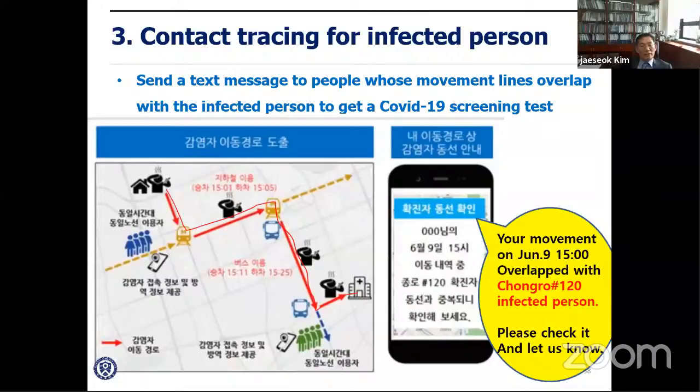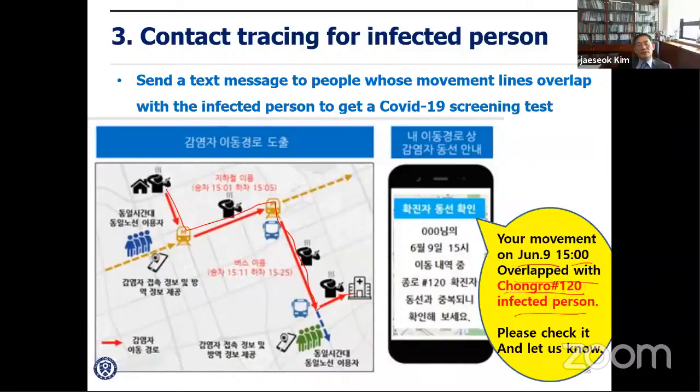Okay, then we send a text message to people, something like: your movement on June 9, 3 p.m. overlapped with Jongno-gu number 120 infected person. Please check it and let us know if it is right.